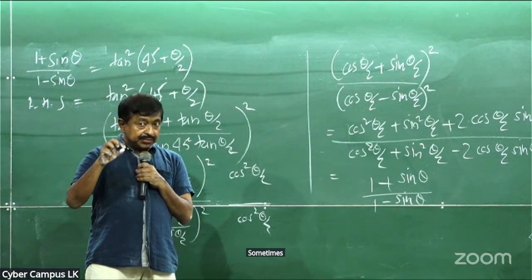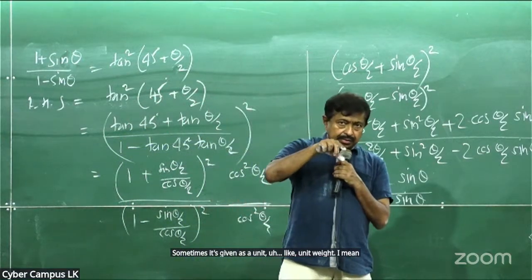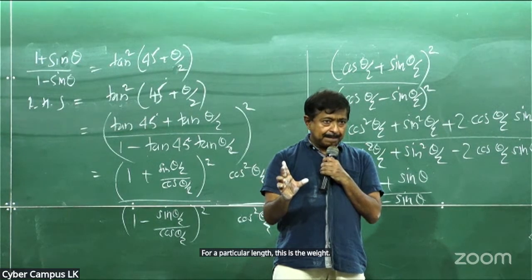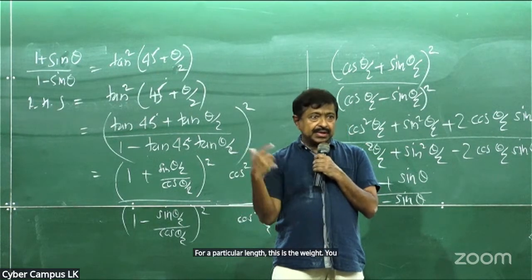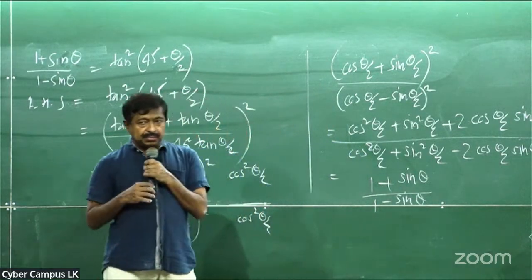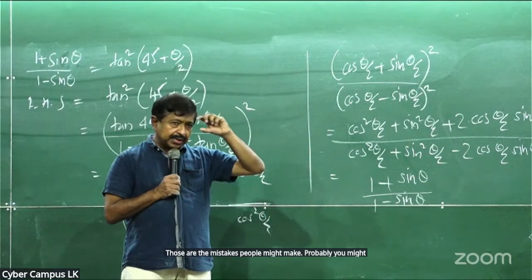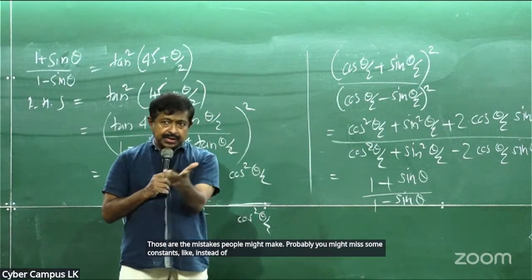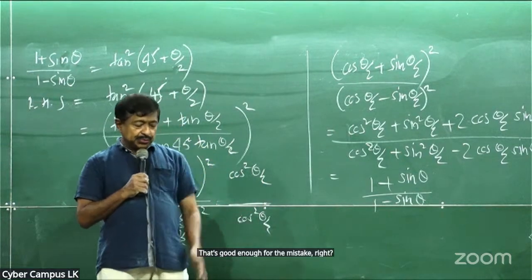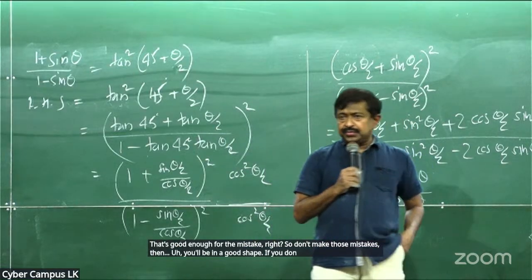Sometimes it's given as a unit weight, which means for a particular length, this is the weight. You may mistakenly take it as the weight. Those are the mistakes people might make. Probably you might miss some constants, like instead of 2a, you take it as a. That's good enough for a mistake, right? So don't make those mistakes, then you will be in good shape.